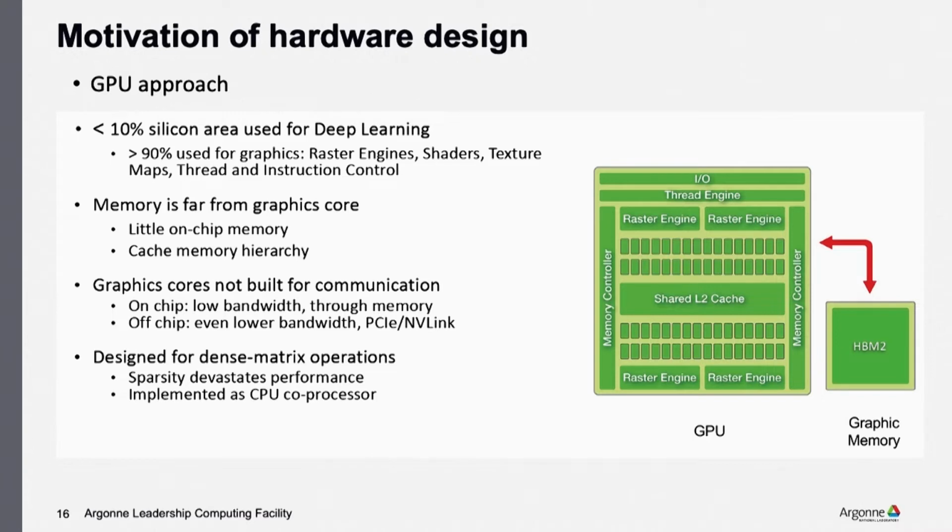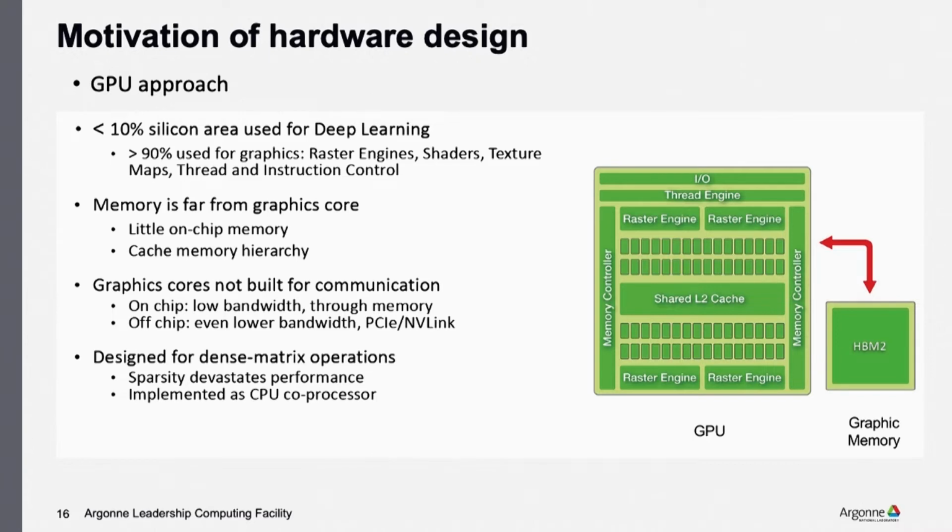So it is wasted for DNN training, and the memory is far from the tensor cores. It has very little on-chip memory, and the cache memory hierarchy is pretty long.